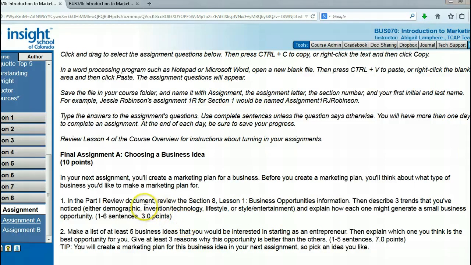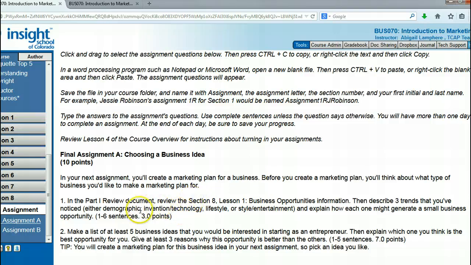Maybe you've noticed there are a lot of people these days eating organic food, in that kind of organic lifestyle. So maybe there's a business idea you can generate from that trend. Or maybe you've noticed a certain fashion trend going on right now that you could design something for.